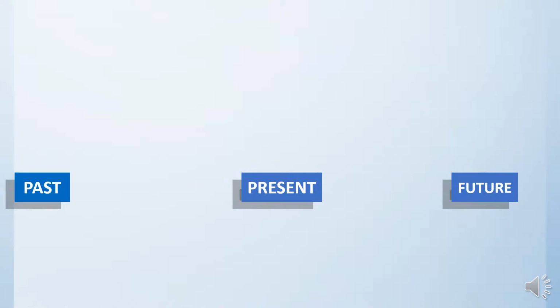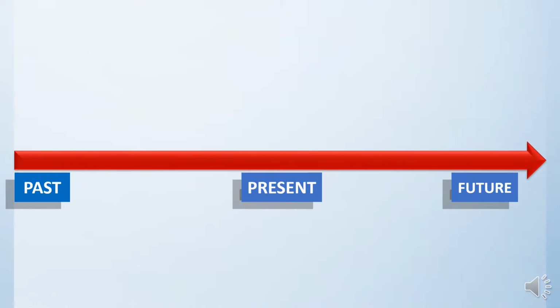Now, just so you remember, the simple present tense takes place regularly, on a regular basis. This could be every day, every week, every month, every year, or always. Those are some very good expressions to use with the simple present tense.